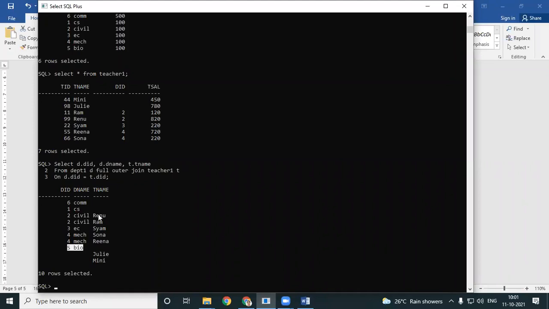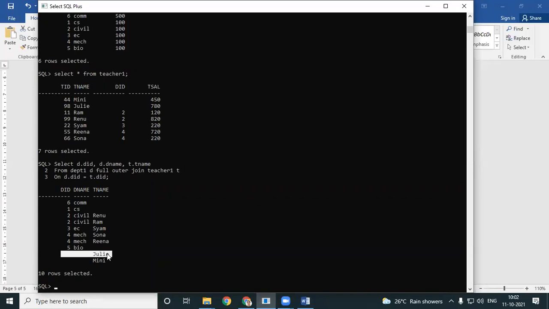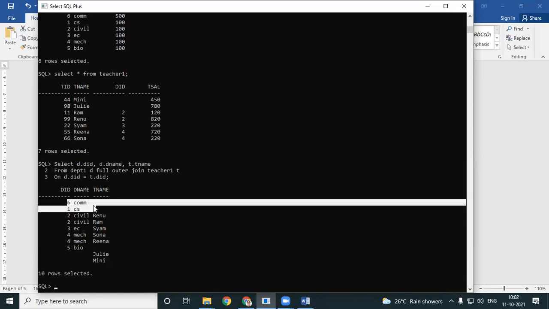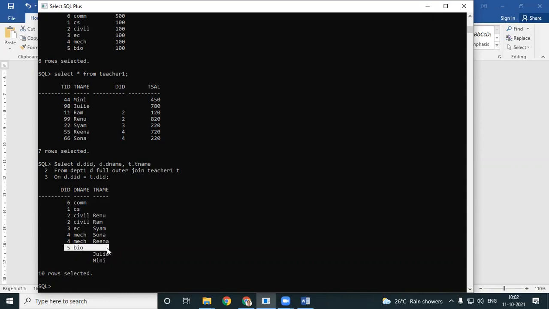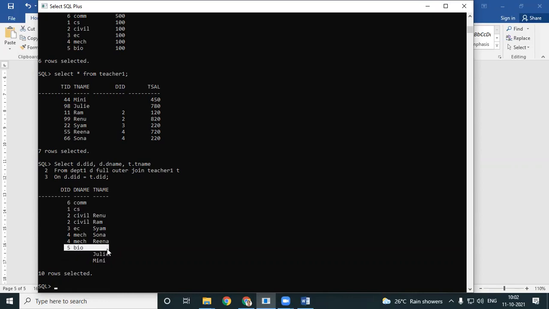Plus my right outer join. Right outer join is all the things which have an entry. Plus, look here, Julie Mini, they also come. Julie Mini, they did not have a corresponding entry. They came. That is my right outer join portion. Plus, look here, my commerce, CS, bio with the null entries, they also did come in.